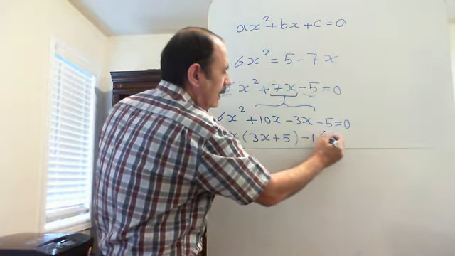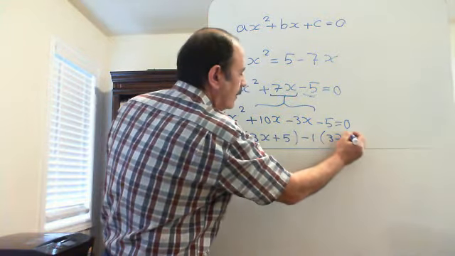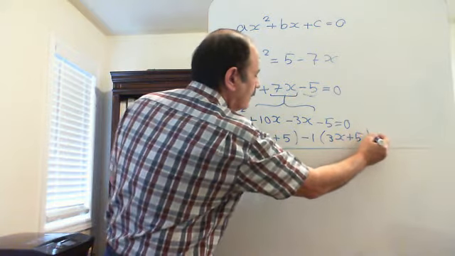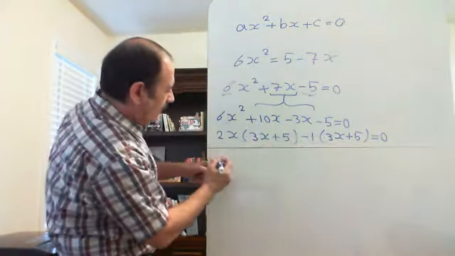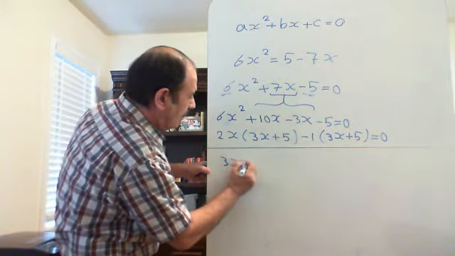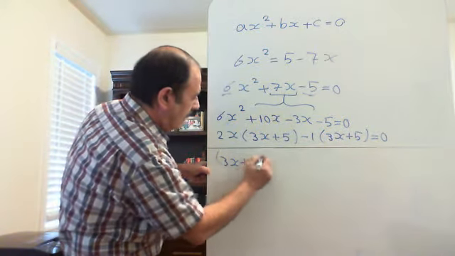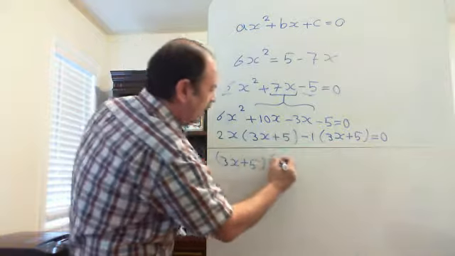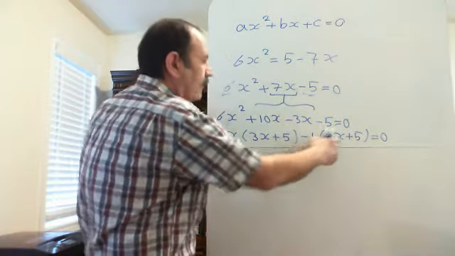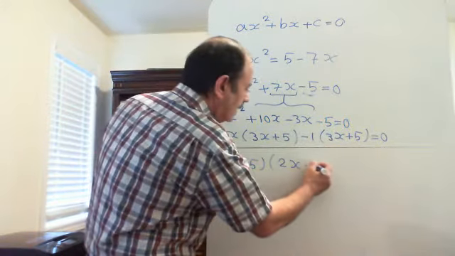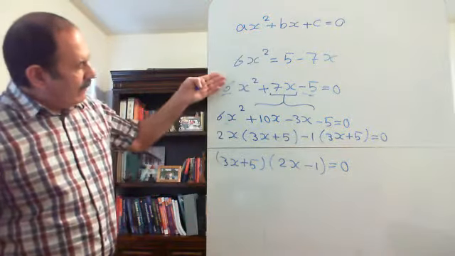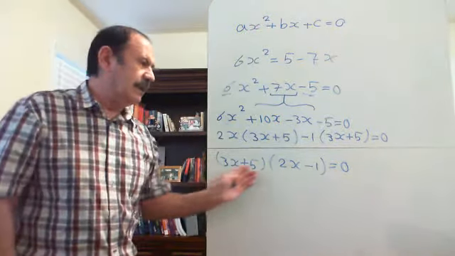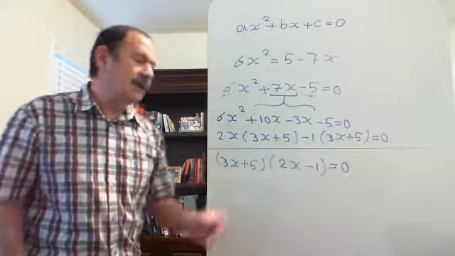Then it's going to be 3x plus 5 equal to 0. Now, the common factor of these two brackets is 3x plus 5. For the first one it is 2x, for the next one it is minus 1, equal to 0. Now I have factored this into these two brackets, which is equal to 0.